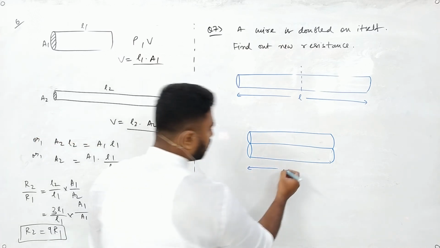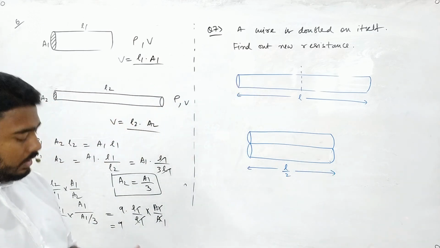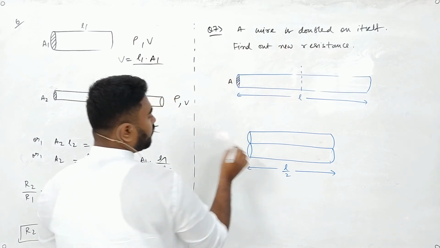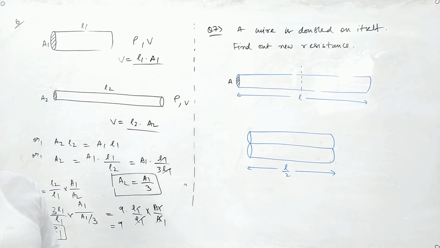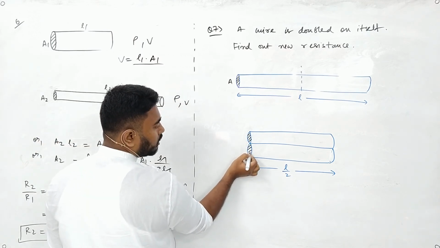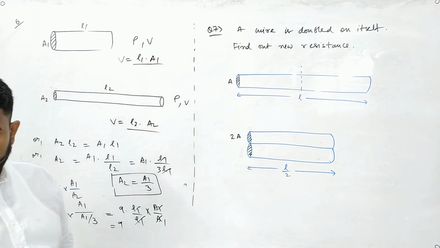L by 2. Very good. The new length is L by 2. Wow, Reneska is giving a good reply. If the original area is A, what is the new area? 2A. Very good. Because there is one area, another area. This is A, so that will be 2A.